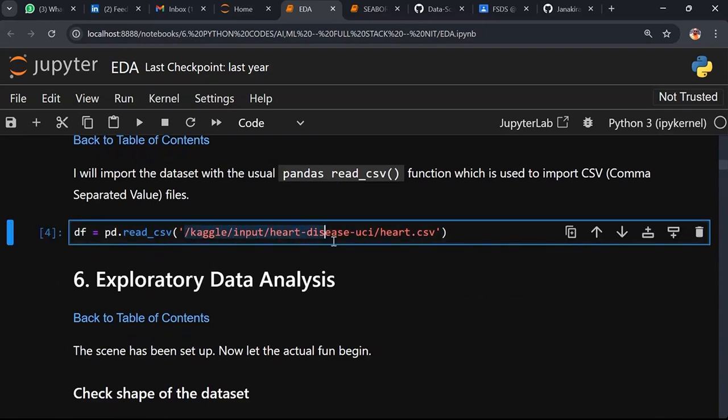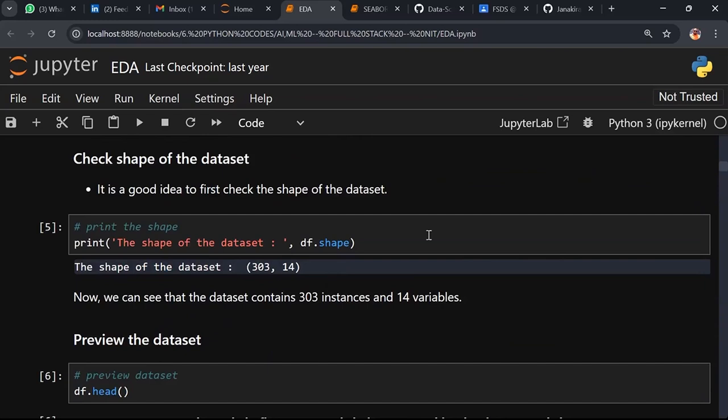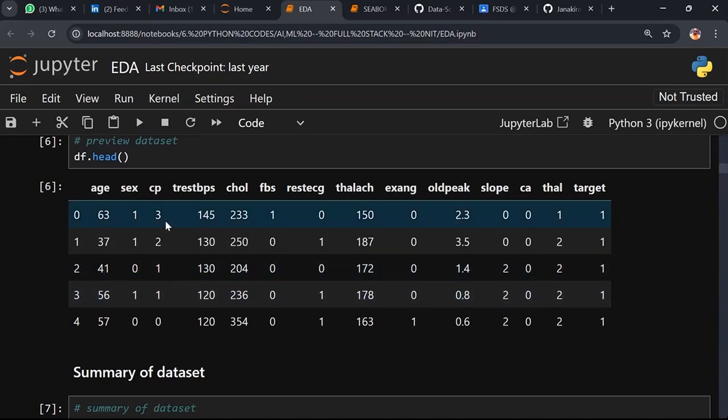I'm importing this dataset from Kaggle, heart disease, heart.csv. You don't need to import it because I already shared the path location. Are you clear? Up to this, guys? Here the shape of the data is 303 patient records, meaning rows, and 14 columns. Now, if you see the head, you have age, gender, all those things.